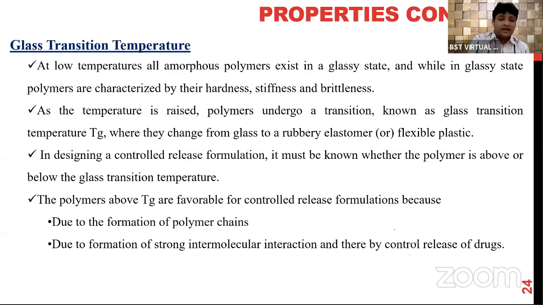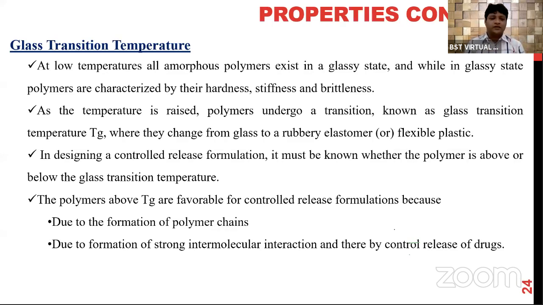If it is less than 60, I can predict that the polymer is not going to reach the glass transition temperature, so the changes will not be there, or it will not have any impact. The initial properties will be maintained as usual. But in some cases, we need the temperature to be high, so that the properties of the polymer change, which helps change the solubility of the polymer and thereby controls the release rate of the drug from the dosage form.